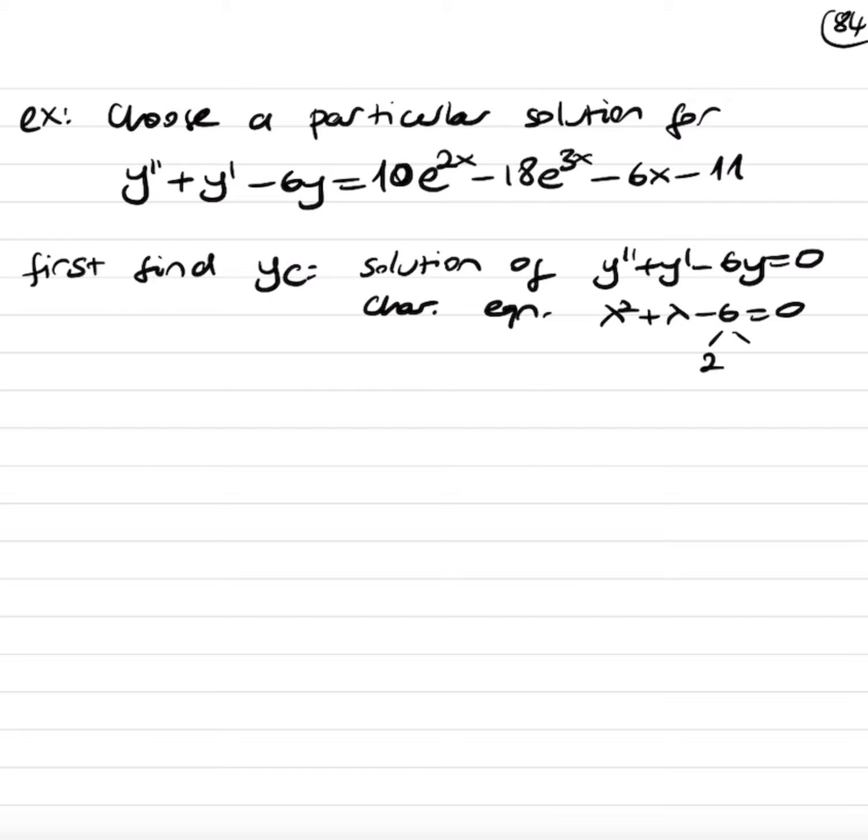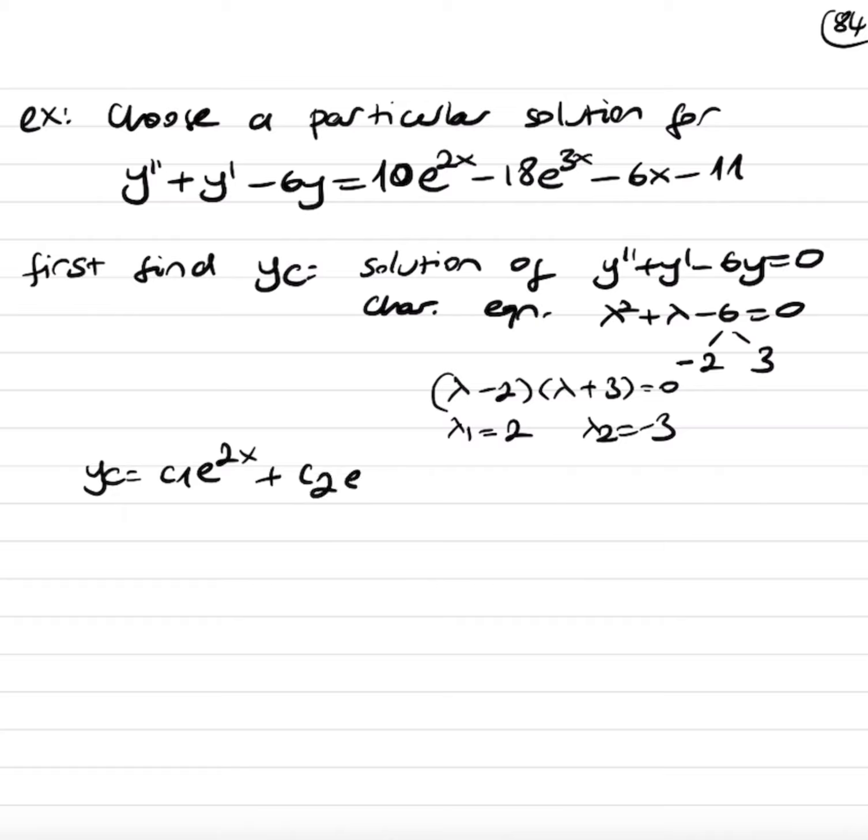Wait a minute, 2 times 3, minus 2 plus 3. So lambda minus 2, lambda plus 3 is equal to 0. So we have distinct roots, lambda 1 is 2 and lambda 2 is minus 3. Then y complementary is c1 e to the power 2x plus c2 e to the power minus 3x.